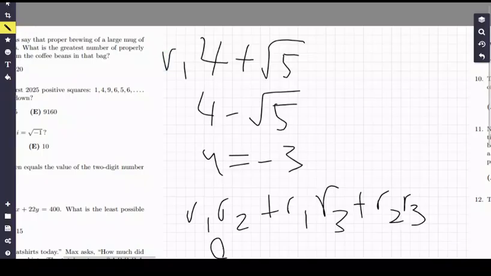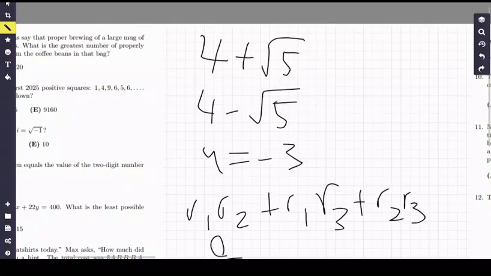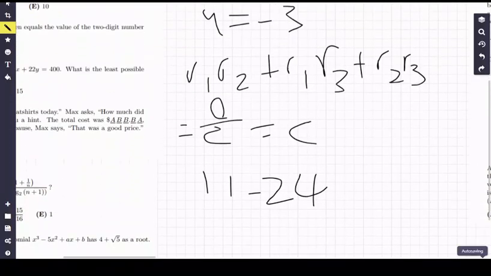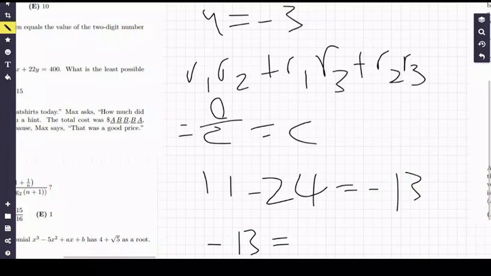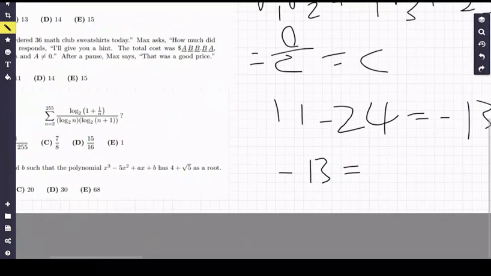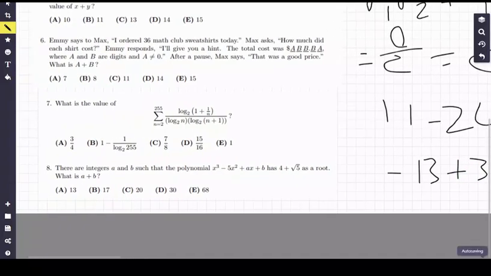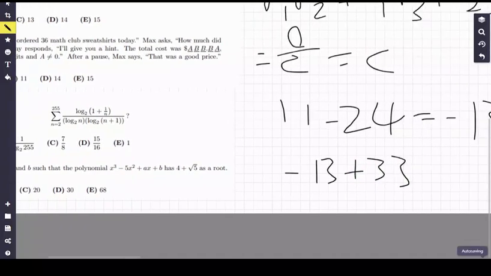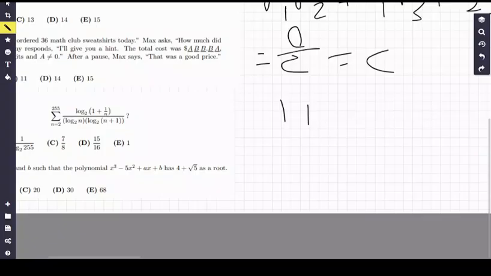This is your root 1, root 2, root 3. I'm just doing this in my head. You guys can plug this in to see if I'm right or not. That will give you negative 13. And negative 13 plus b, sorry, this is plus, you're going to go ahead and get 20. And there you go. That's your answer C.